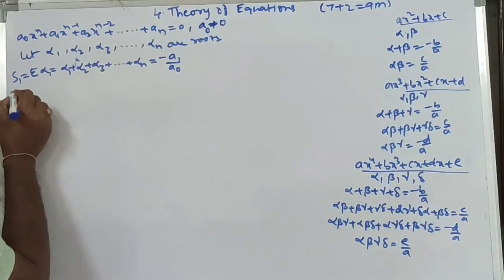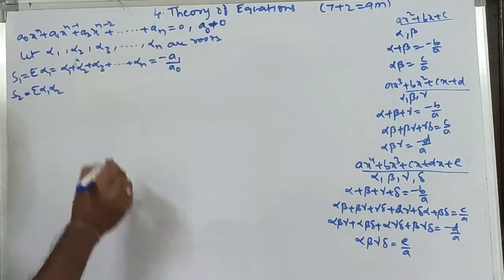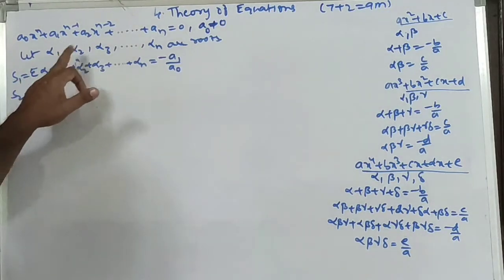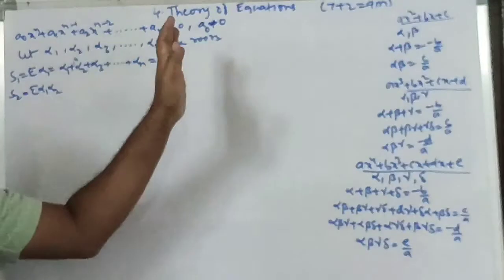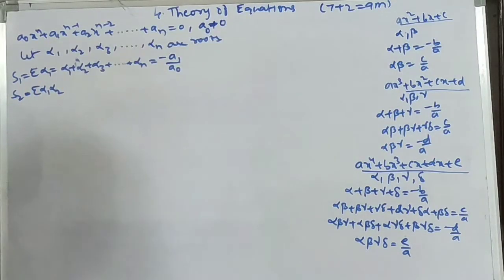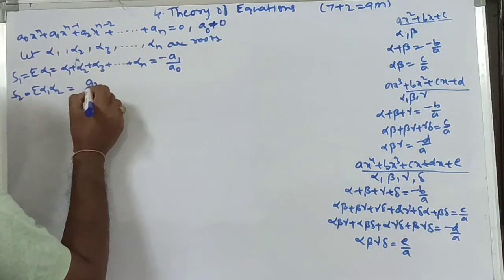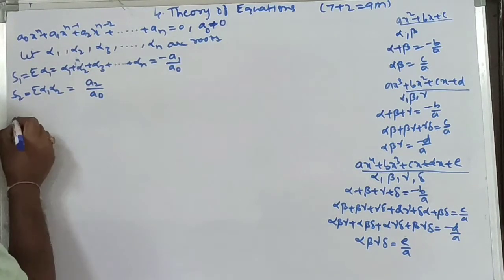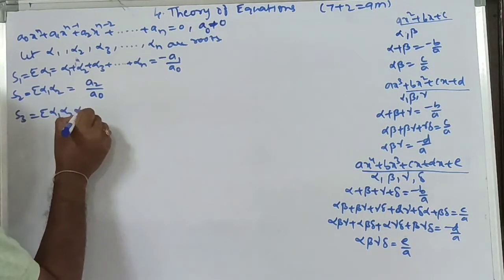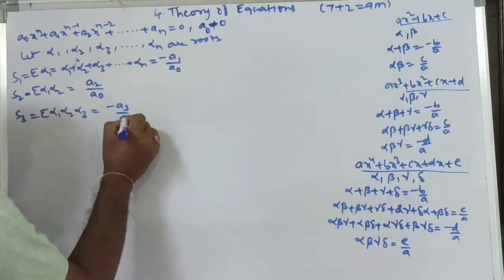Next, S2 equals the sum of products of 2 at a time: alpha 1 alpha 2, alpha 1 alpha 3, alpha 1 alpha 4, like that all the products of 2 terms, which equals the next coefficient, a2 by a0. Next, S3, products of 3 at a time, alpha 1 alpha 2 alpha 3, equals minus a3 by a0.